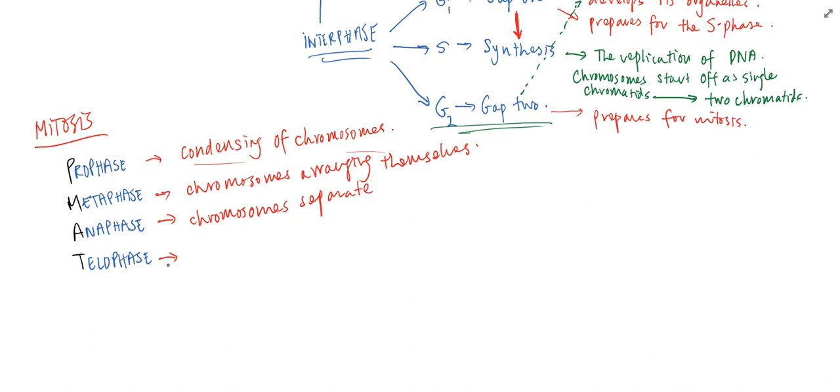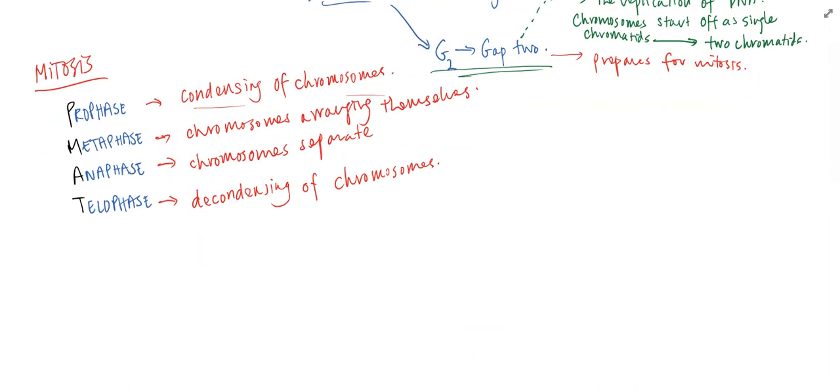In telophase, we see the reforming of the nuclear envelope and then the decondensing of chromosomes. So by this stage in telophase, we will be getting pretty much 2 new nuclei in the cell that's about to divide. And these 2 new nuclei have an identical set of chromosomes. So they have pretty much the exact same DNA.